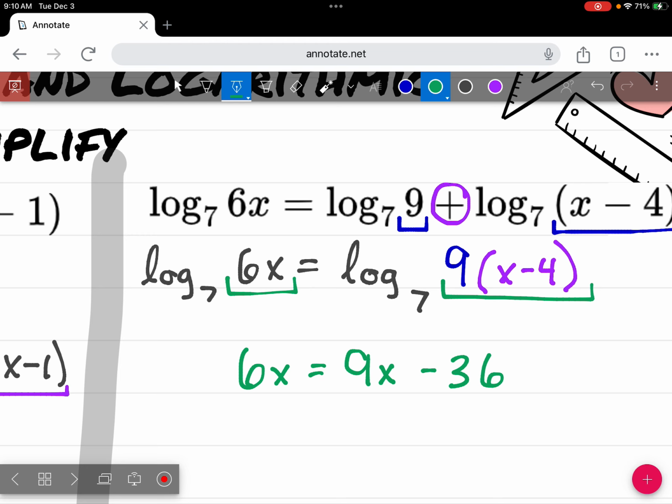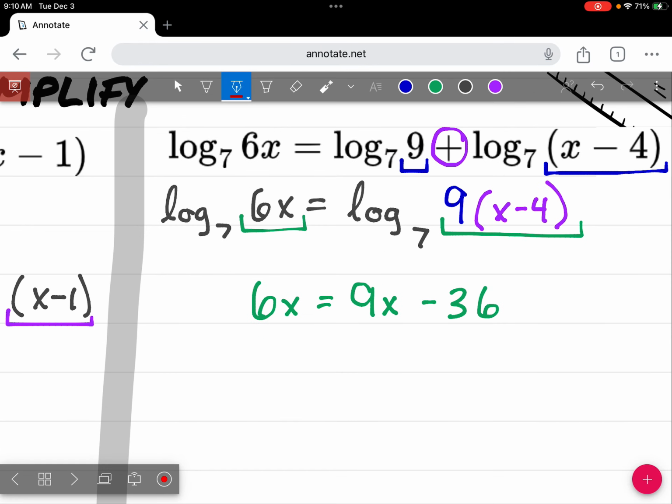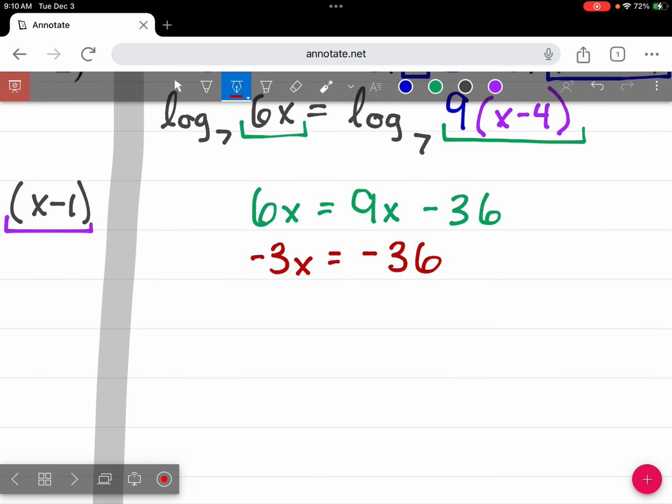What do we do next? Yeah, minus the 9x. We get our negative 3x equals negative 36. So what does our x equal? 12.